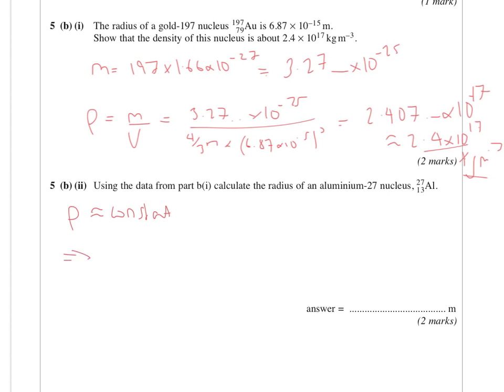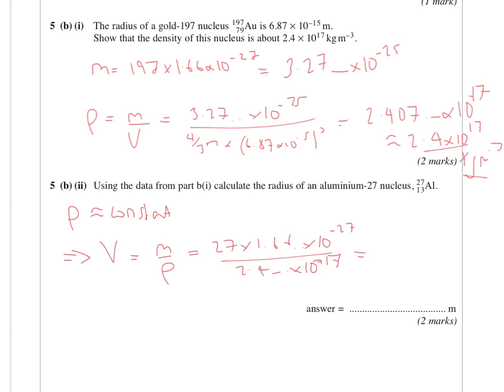So we could get the volume by doing the mass divided by the density, so that's going to be 27 times 1.66 times 10 to the minus 27 divided by 2.4 times 10 to the plus 17. So let's do that calculation.